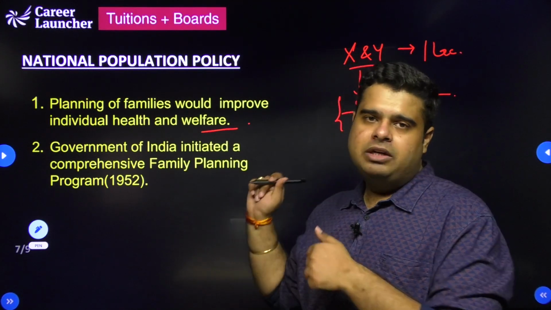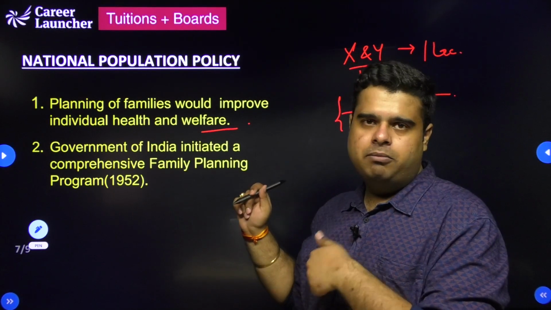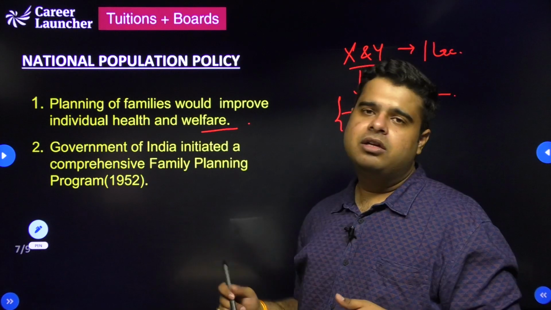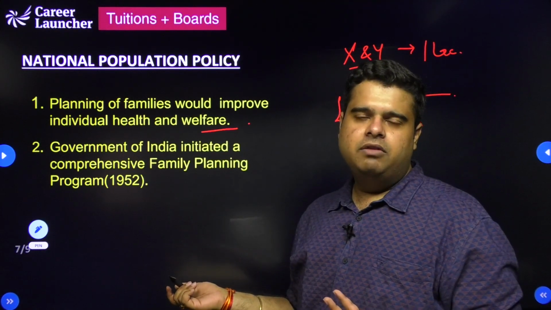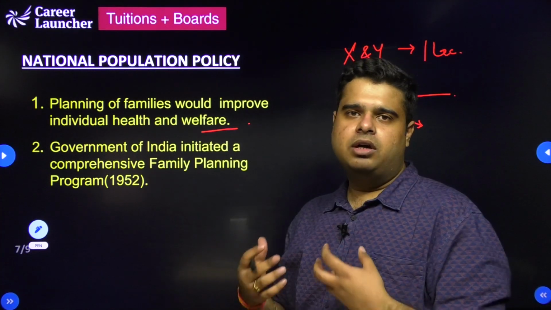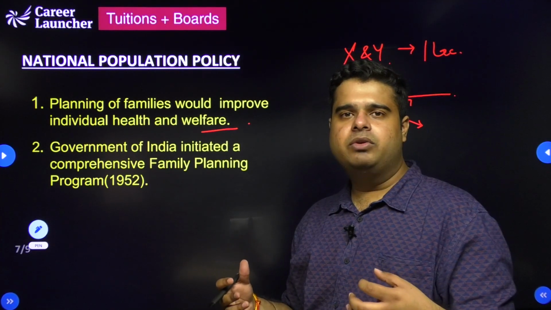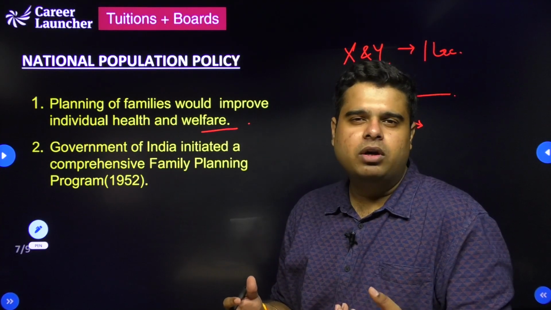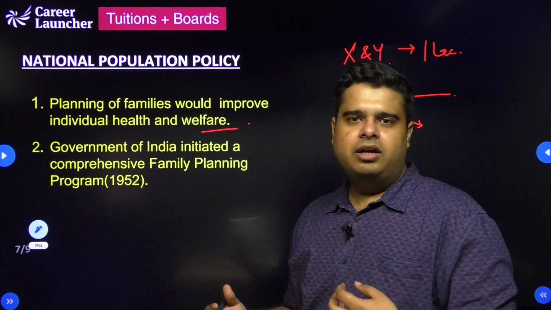Welfare means it will help them in controlling their monetary budgeting, and in health, if there are only 3 individuals living, they will have a healthier life compared to 4, because the resources will be easily available to them, and they will not have to worry about going to hospitals and things like that.